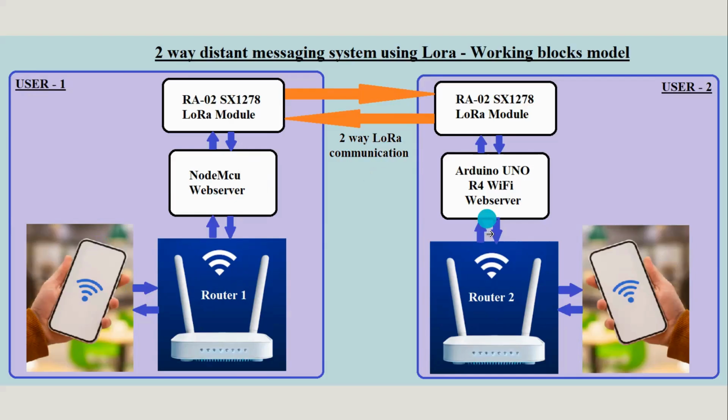Same thing happens for user 2 also. Here, the only difference is that the controller we use is the Arduino Uno R4 Wi-Fi web server. The two-way communication between these two setups happens through these RA02 LoRa modules placed at a distance.